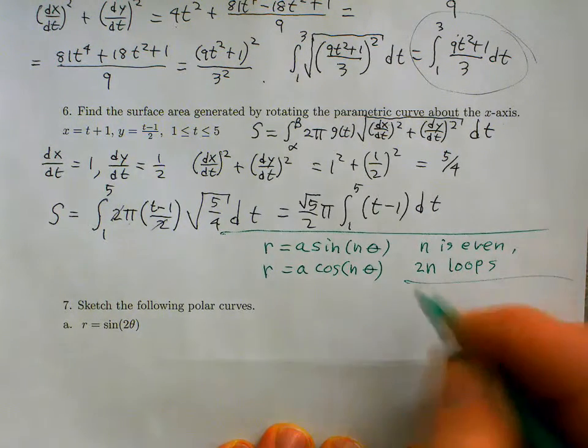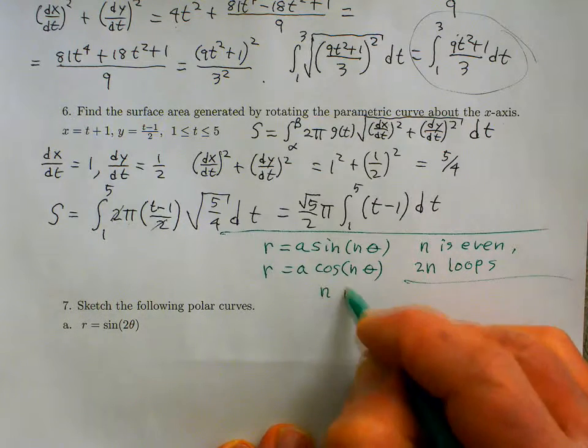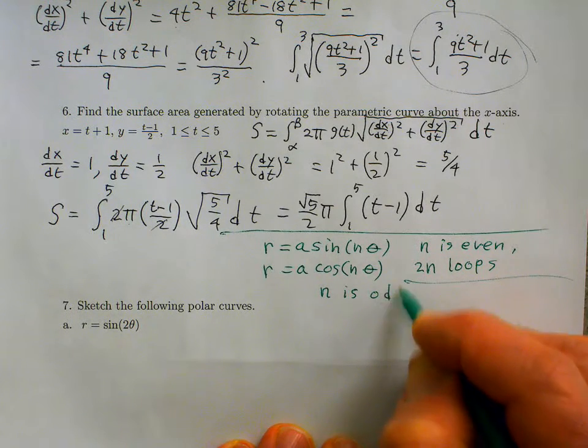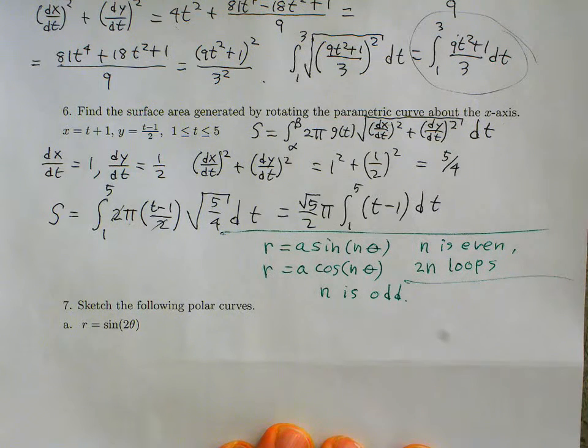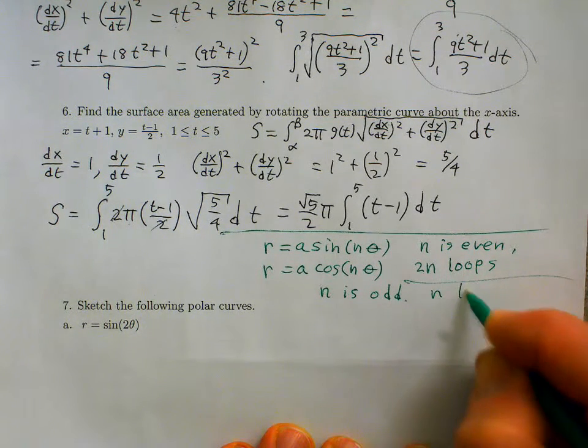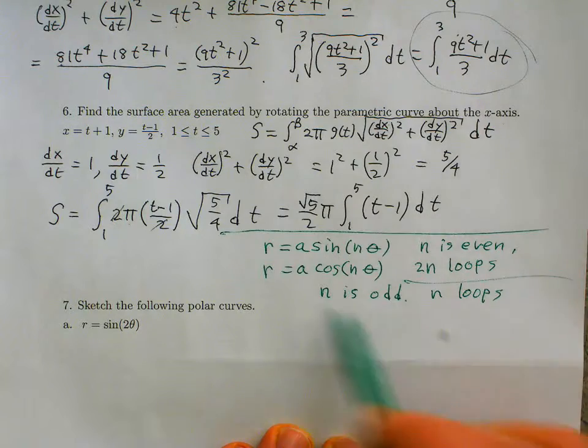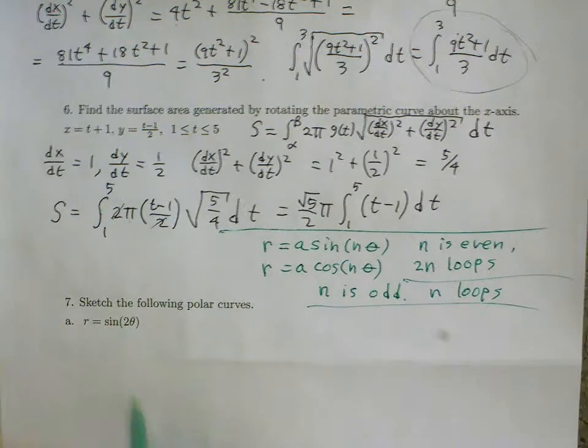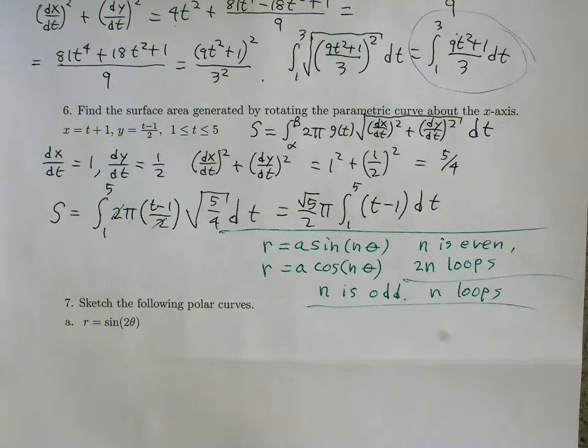And if n is odd, how many loops are there? n. Yeah, so if n is odd, there are n loops. So in this case, n equals 2, so there are going to be 2 times 2 loops, or 4 loops.